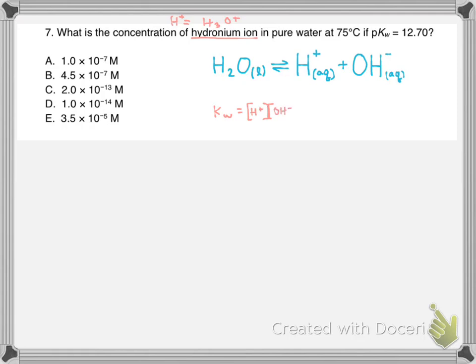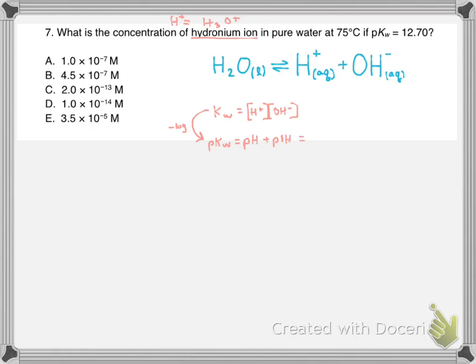We're not going to include the water because it's a liquid. Okay. And then if we want to, we can go ahead and take the negative log of this and say that pKw is equal to pH plus pOH.